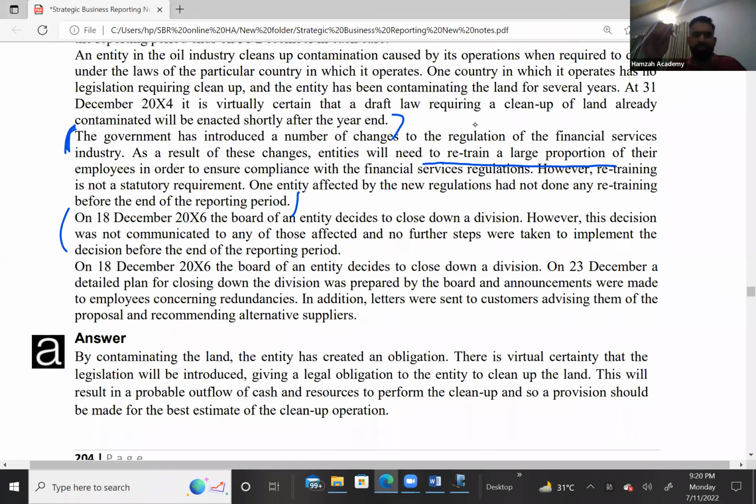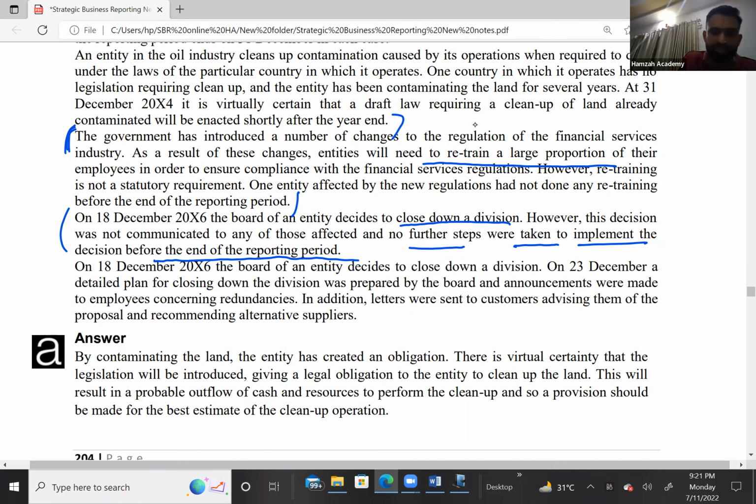On 8 December, the board of an entity decided to close down a division, a restructuring. However, this decision was not communicated to any of those affected, and no further steps were taken to implement the decision before the end of the reporting period. So on 18 December they decided, a formal plan is there, but the plan has not been communicated to the affected parties till the year end.